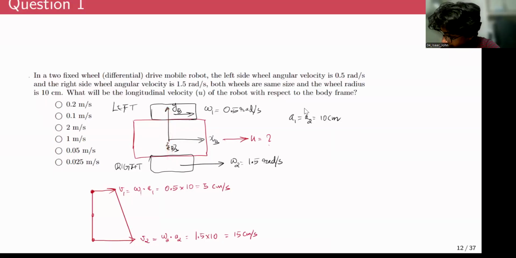So here is your body fixed frame of reference B. You're asked to find out the longitudinal velocity u of the body fixed frame of reference. So in a trapezium, if you know the length of the two parallel sides, the height of the trapezium from its midpoint is nothing but the average of these two sides. So u is nothing but the average of v1 and v2.